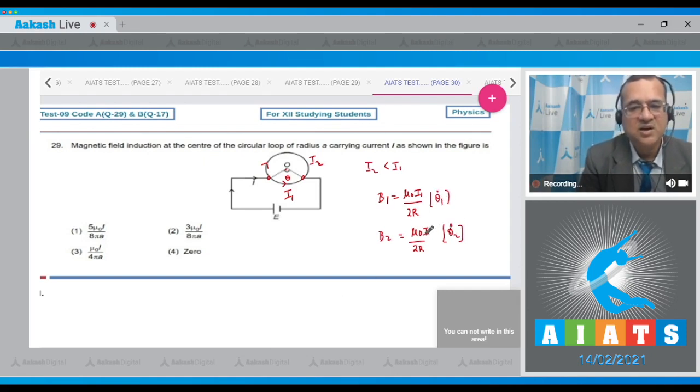Now V1 is equal to V2 always, but the directions are opposite. Because of this one, the magnetic field will come out, and because of this, the magnetic field is inwards, and both magnetic fields cancel out. Net magnetic field will be 0 at the center. So the answer to this question is 4.